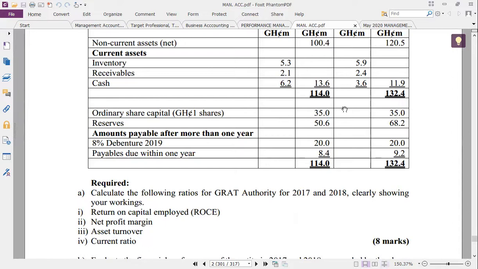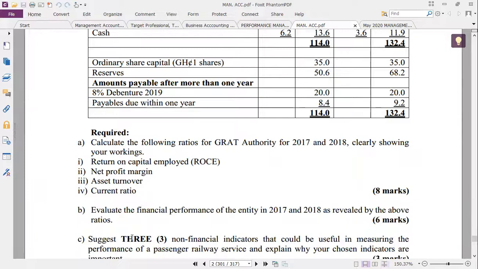So calculate the following ratios for GRAT Limited. So have you seen the ratios? Return on capital employed, net profit margin, asset turnover, current ratio, 8 marks. Evaluate the performance of the entity as reviewed by the above ratios. So these ones are financial. Just that when we ask a financial section in management accounting without a non-financial one, it is incomplete.